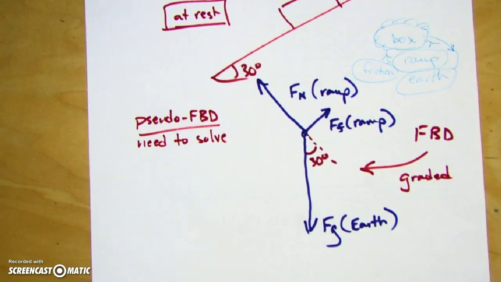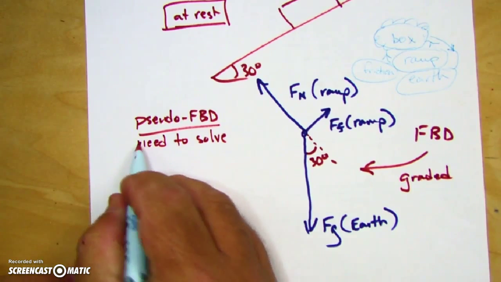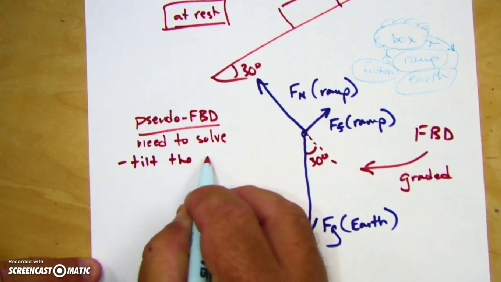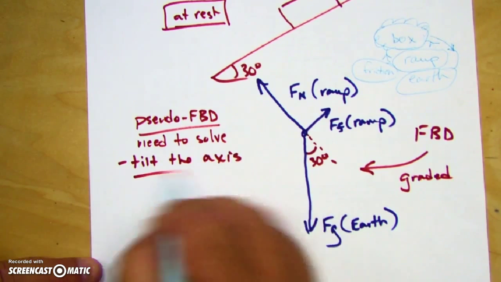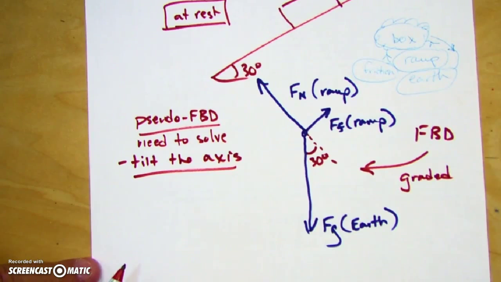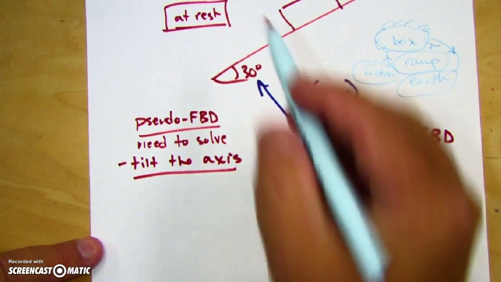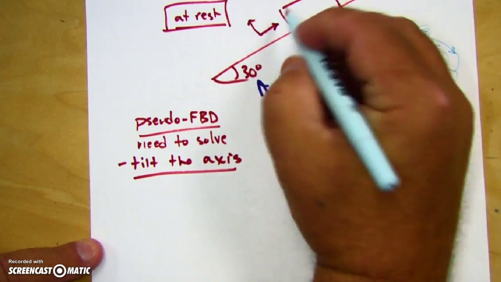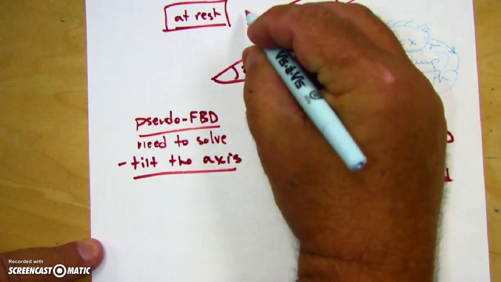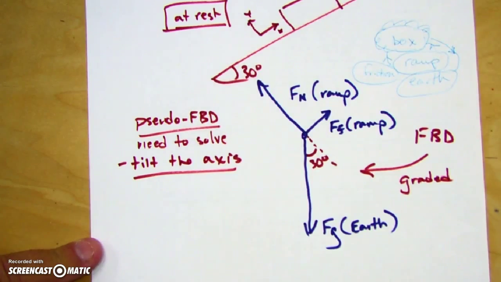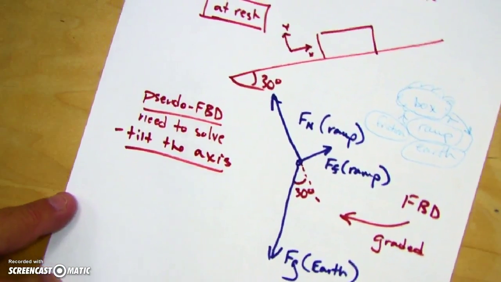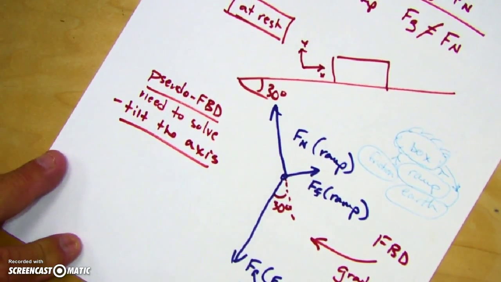Now, what a pseudo free body diagram does is it allows you to tilt the coordinate system, tilt the axis. It makes more sense in this system to think about my x and y being like that. So that would be x, and that would be y. So I'm going to tilt the coordinate system to where it's flat.